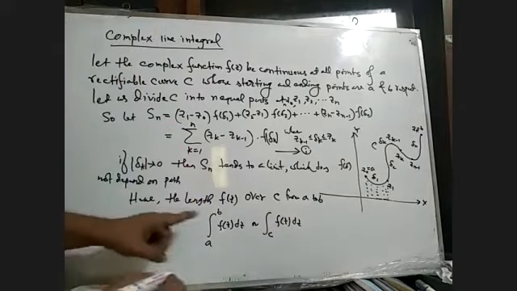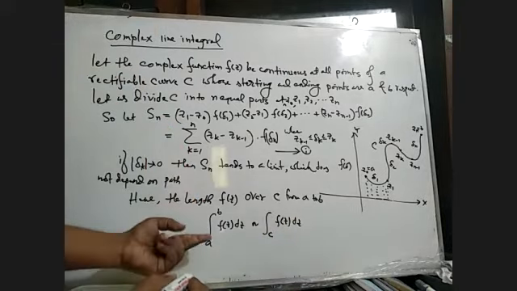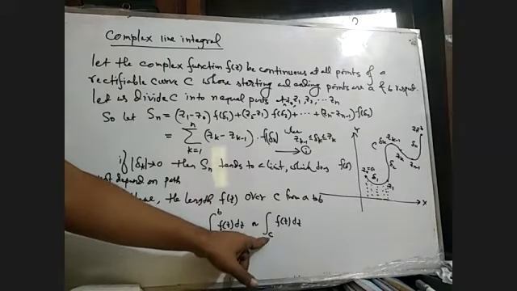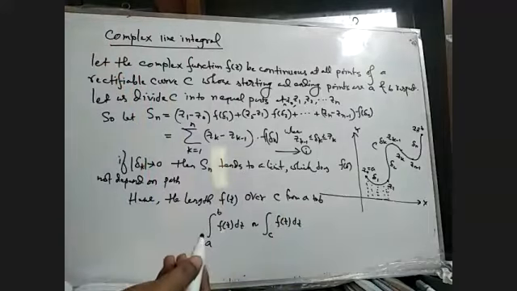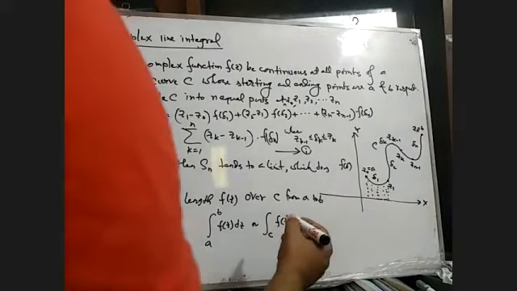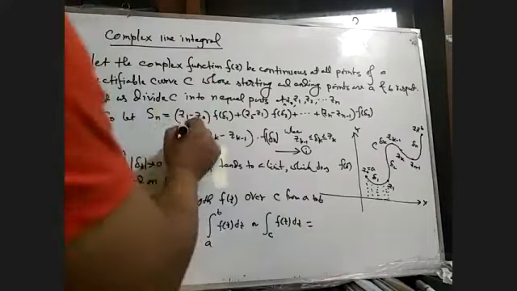We can denote it by a definite integral, over the whole curve C, and this can be denoted by this whole sum.